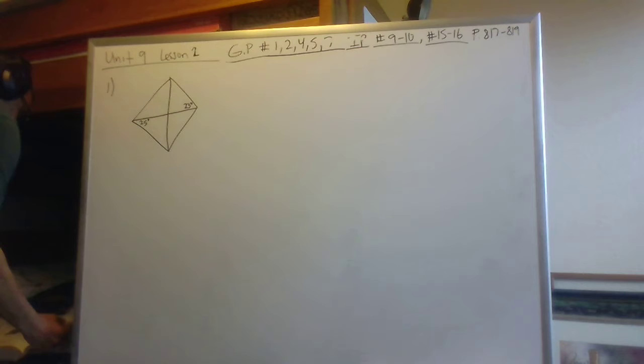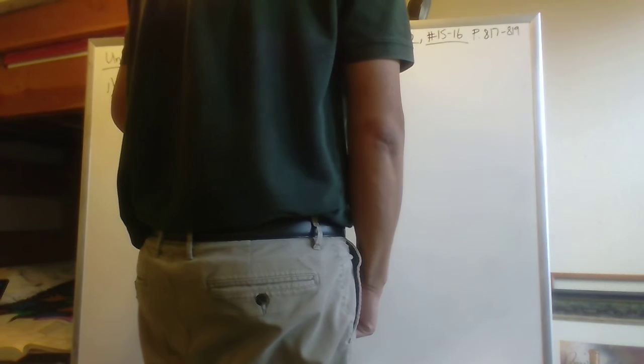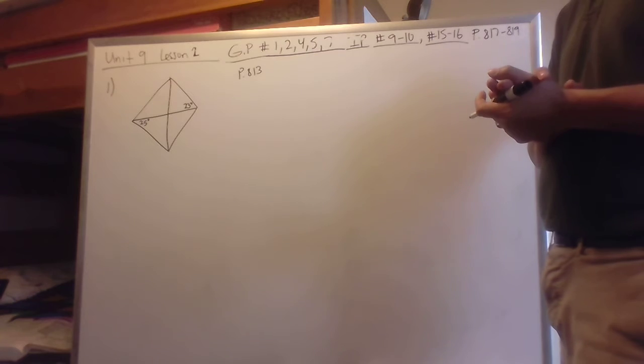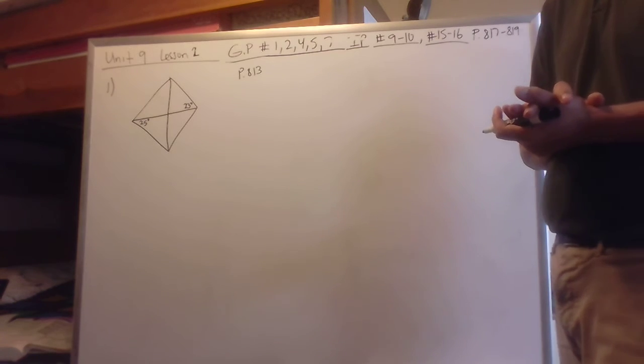So if we look on page 813, we kind of went over these theorems last time. There are certain properties that we can look at a quadrilateral to determine if it is a parallelogram.